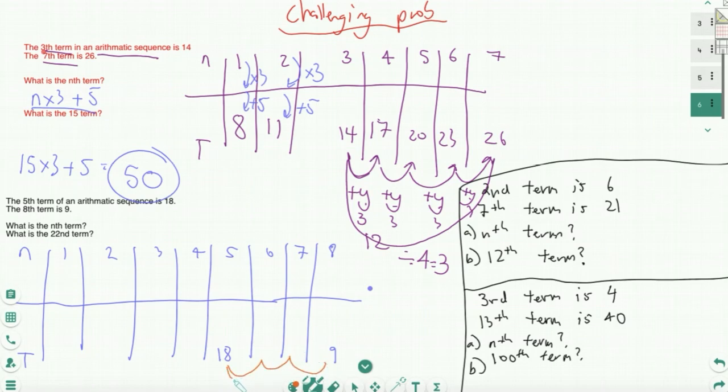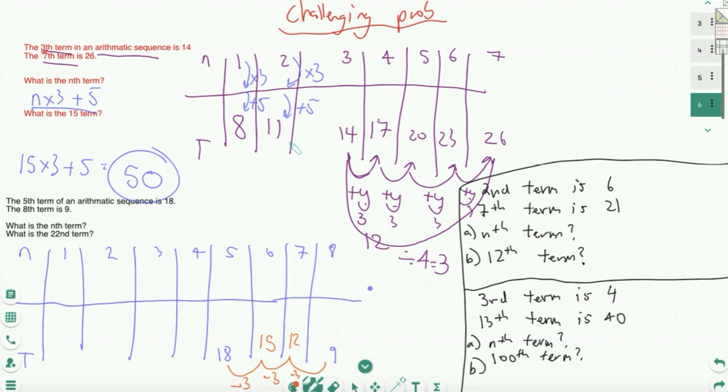And in total, the total jump is going backwards by 9. So we can split -9 into 3 jumps. -9 split into 3 is -3. So we know each jump is minus 3. 18 minus 3 is 15. 15 minus 3 is 12. And 12 minus 3 is 9.